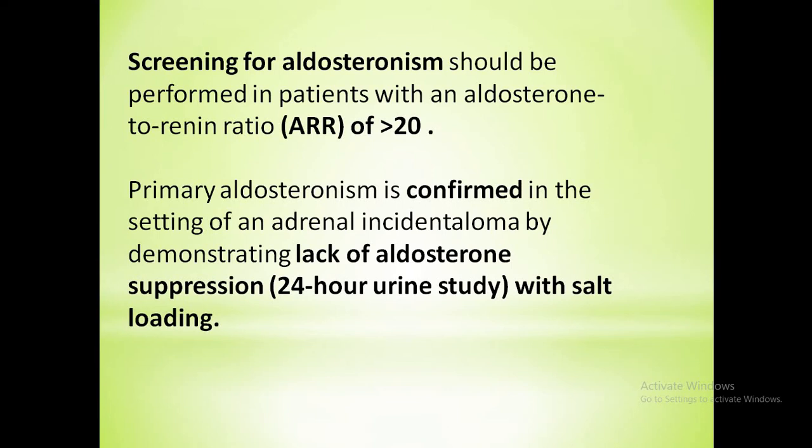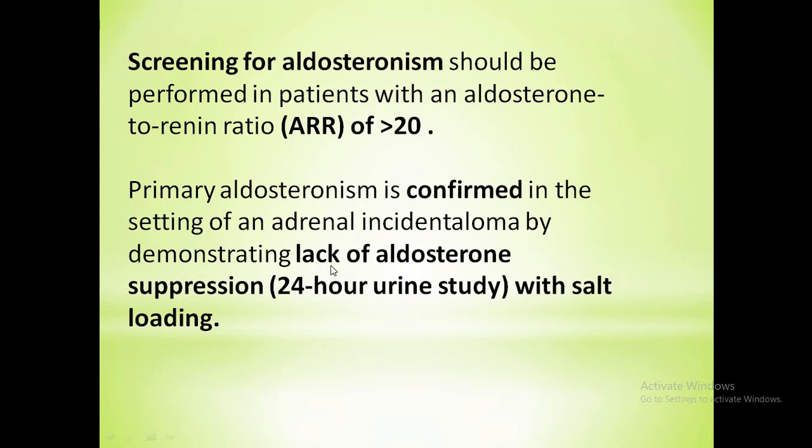Now, screening for aldosteronism should also be performed in patients with incidentalomas. So how do we do that? It's usually done by performing the ARR, or the aldosterone-renin ratio. An ARR of more than 20 suggests that the patient could have aldosteronism. So how is it confirmed?